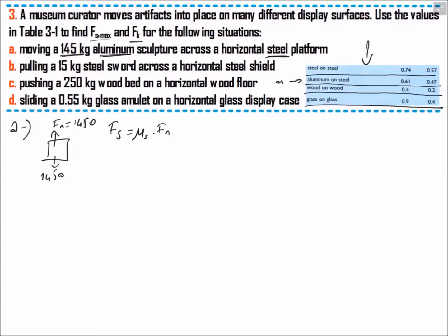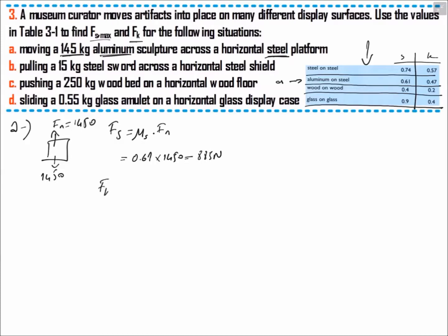So mu s for the A, this is the static friction, this is the kinetic friction coefficients, by the way. And for the A, it is 0.61 times 1450, and it will be equal 885 Newton.